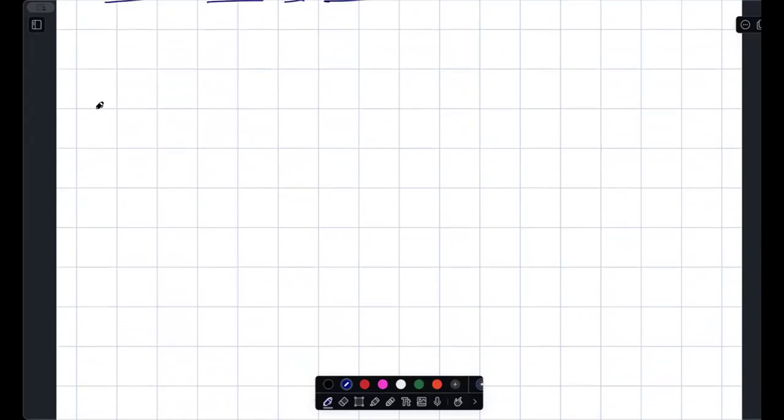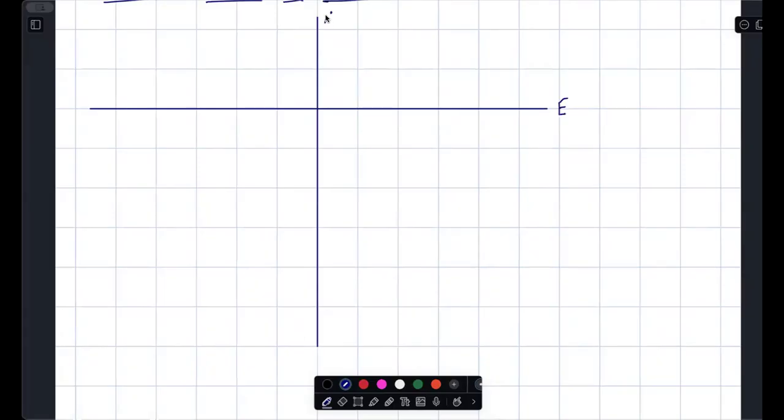Now you are in a situation on a horizontal plane ground. You have a situation like this. This is the east direction, this is the north direction. I have an observer A moving in this direction with velocity VA bar.